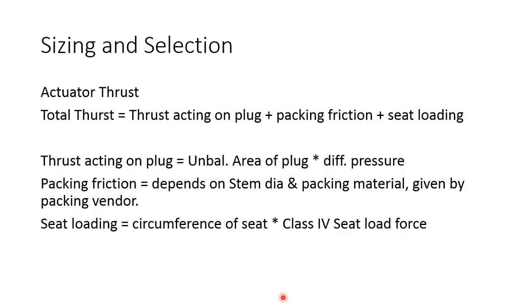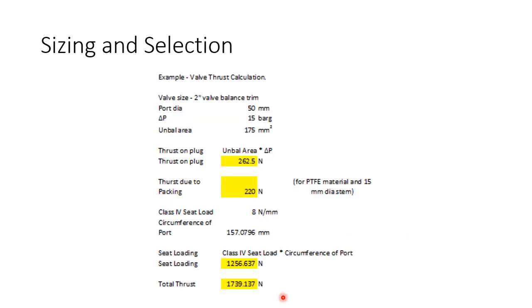Let us see a simple calculation for this. Here, as you can see, for the thrust calculations, we have considered a 2-inch valve with a balanced trim or with an unbalanced trim, or whatever your valve is.